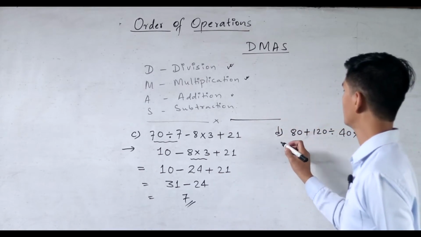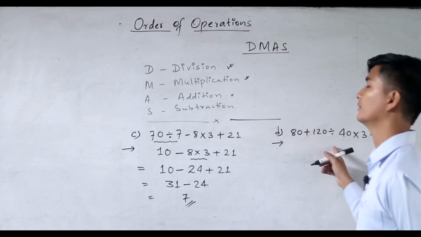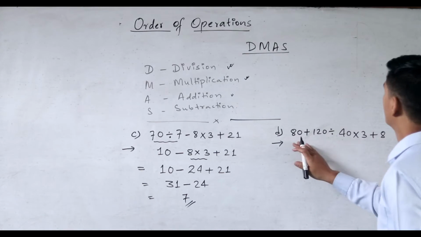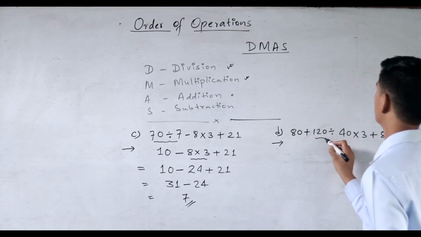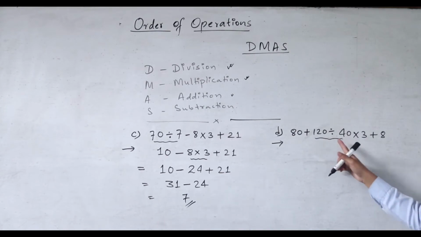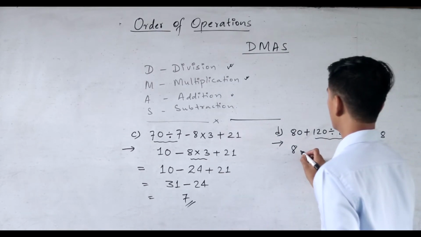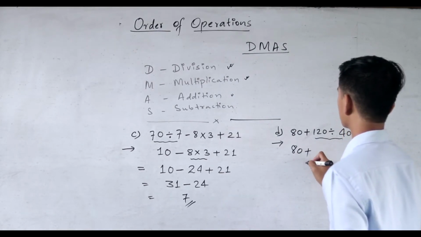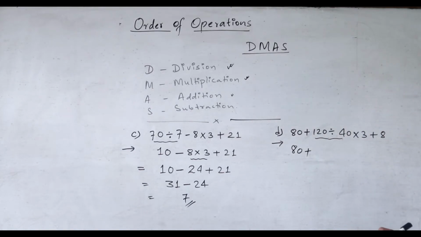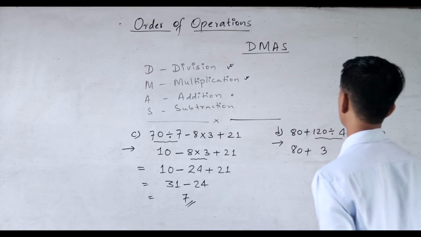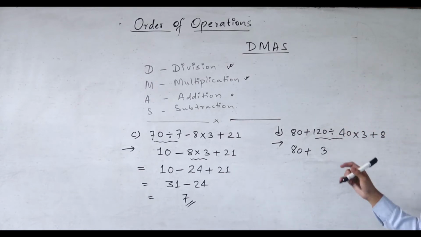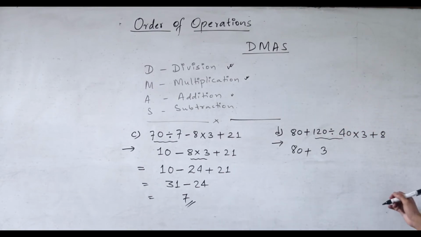Okay, now come to this one, you can try it by yourself as well. Here we have to search for division first. So our division is here, so we have to do this one first, right? 80 plus 120 divided by 40, we will get 3. Okay, so if you divide 120 by 40, we will get only 3.